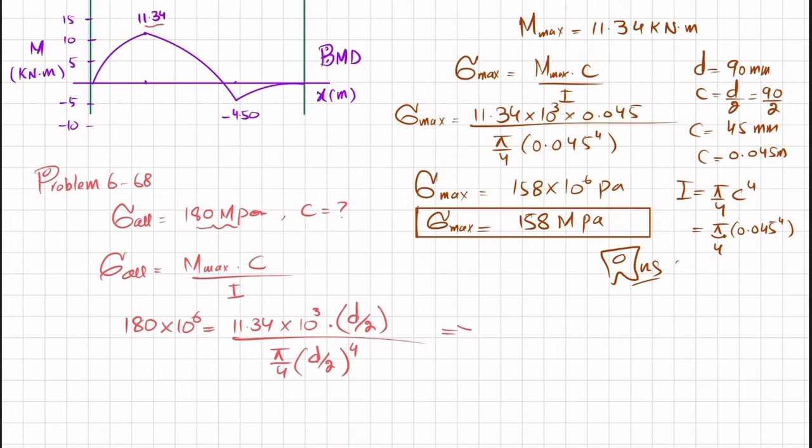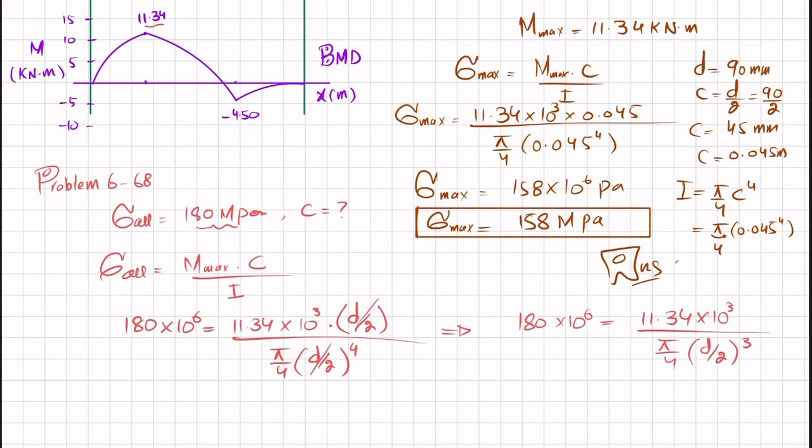So from here this will cancel with one of these, so we are left with 180 into 10 raised to power 6 equal to 11.34 into 10 raised to power 3 divided by pi by 4 into d by 2 power 3. Clear?